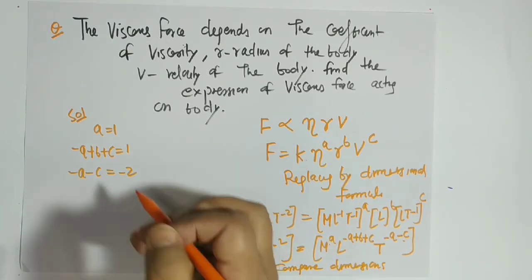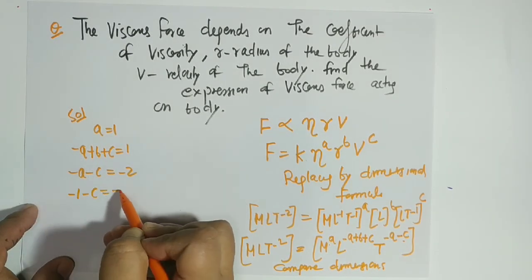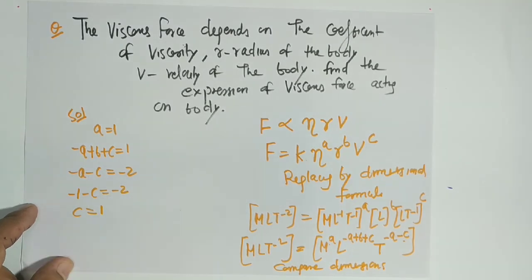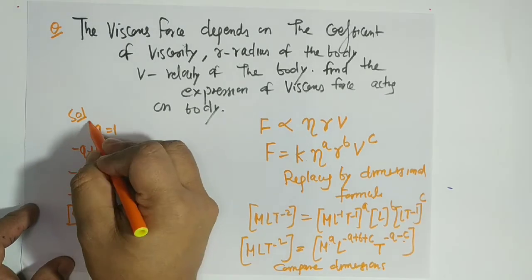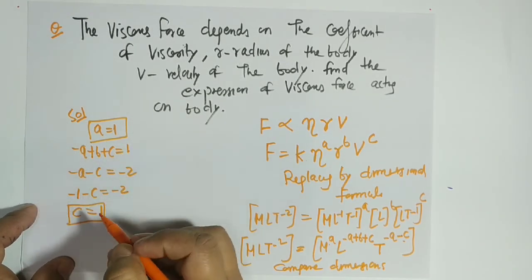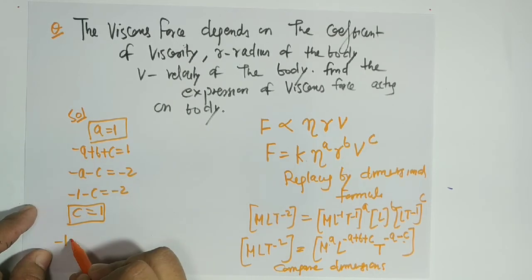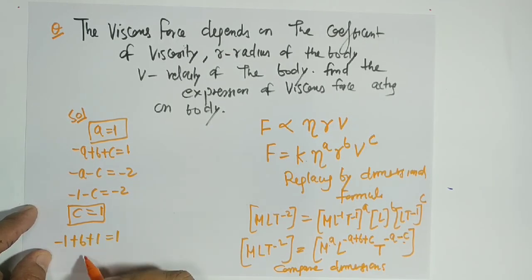So you put A as 1, so minus 1 minus C equals minus 2. C will be 1. A is already 1. You put it here, then minus 1 plus B plus 1 equals 1. So ultimately B will also be 1.